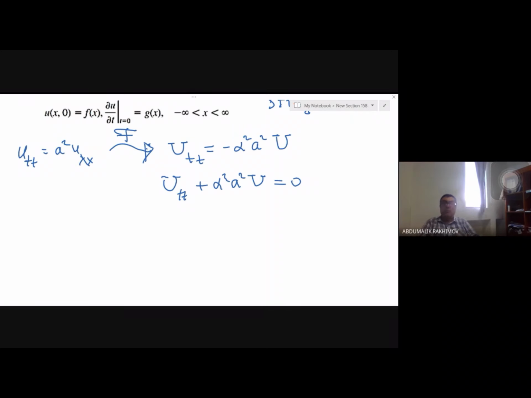This equation we know from lecture number 1, right? If you want, you can see this equation 1.8 in lecture number 1.